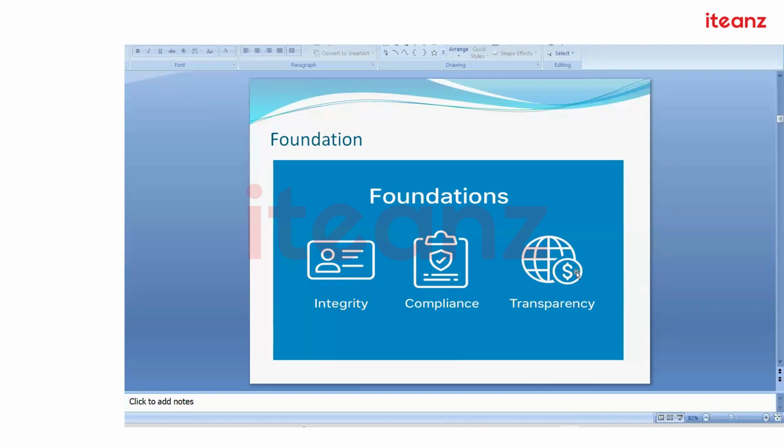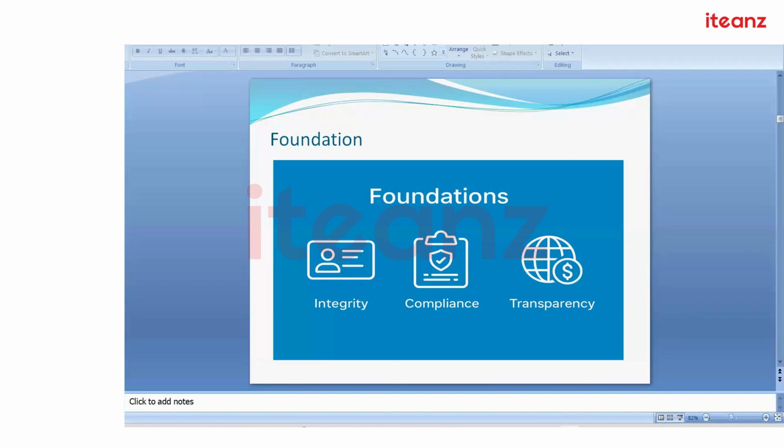Transparency with the customer, transparency with regulators. If the regulator asks for some data, they have to provide all the details of the customer, account, transaction, etc. Whatever the regulator asks, they should not hide. This is what is required in AML.